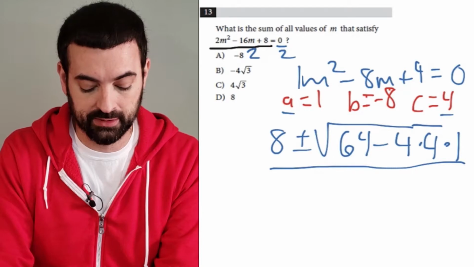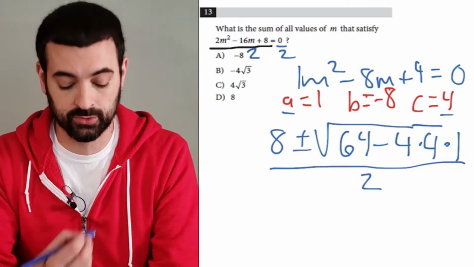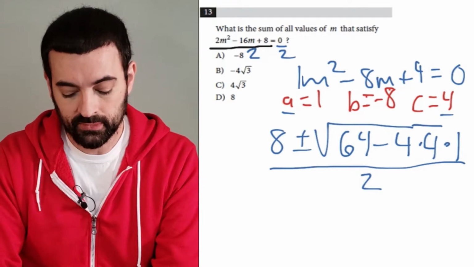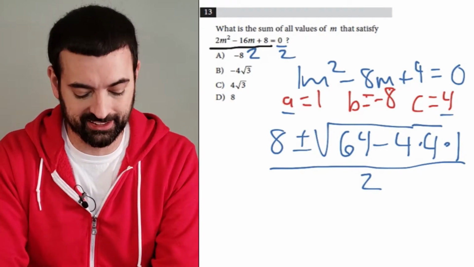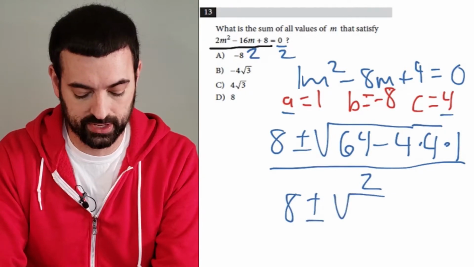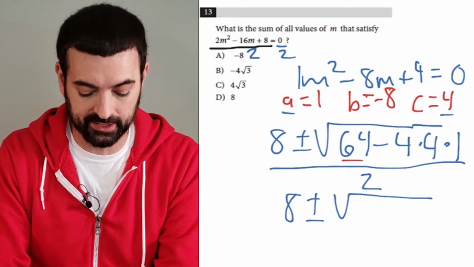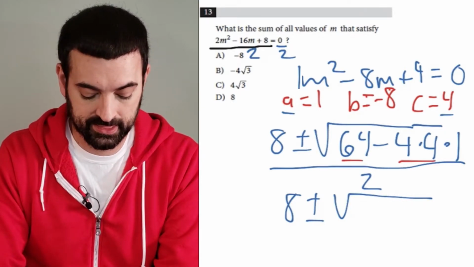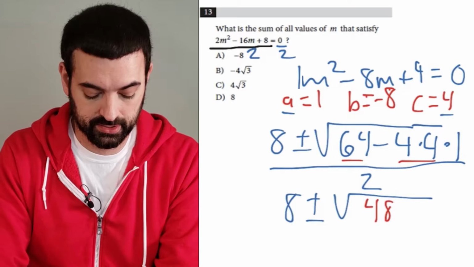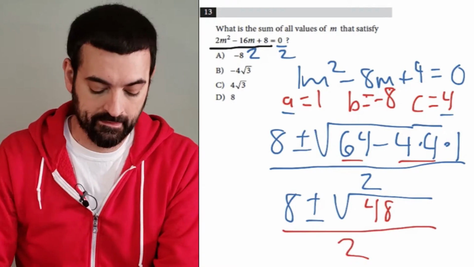All over 2 times a, which in this case will just be 2 times 1, so all over 2. Now we just need to simplify. This is 8 plus or minus the square root of 64 minus 4 times 4, which is 16. That's 48 all over 2.